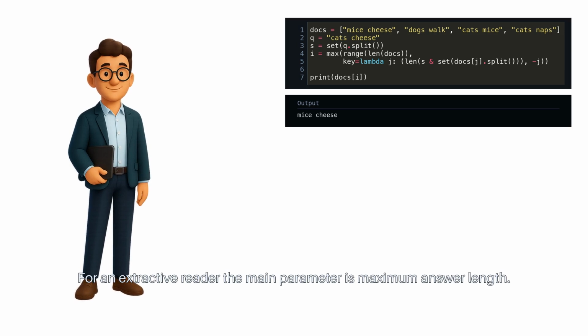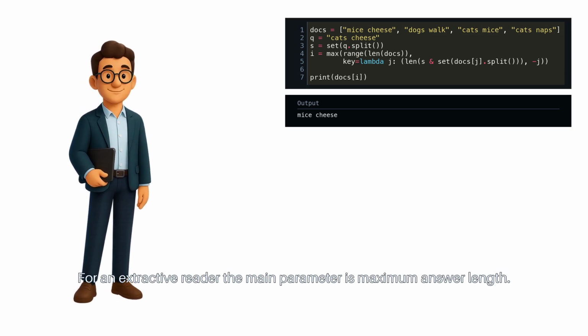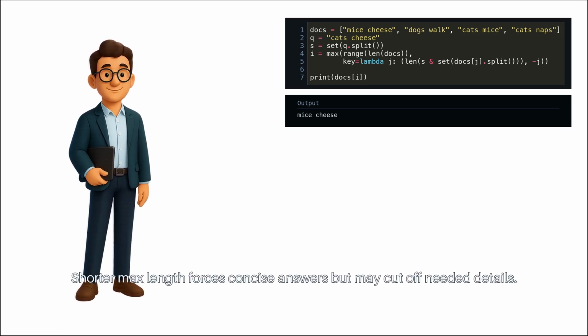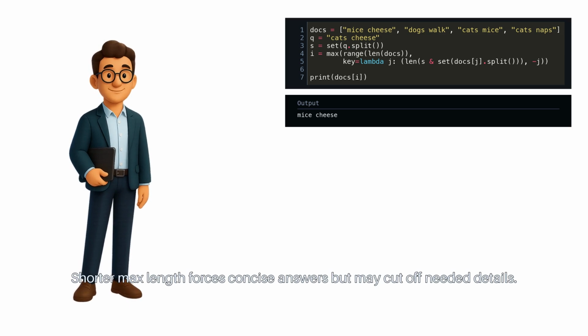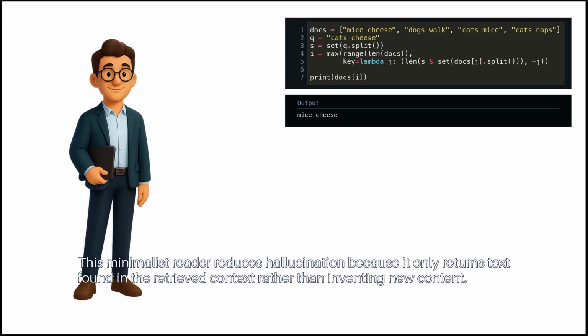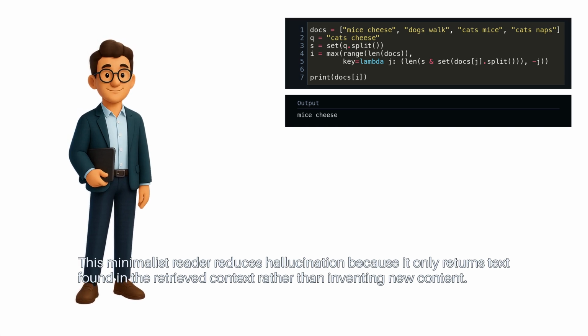For an extractive reader, the main parameter is maximum answer length. Shorter max length forces concise answers, but may cut off needed details. This minimalist reader reduces hallucination because it only returns text found in the retrieved context, rather than inventing new content.